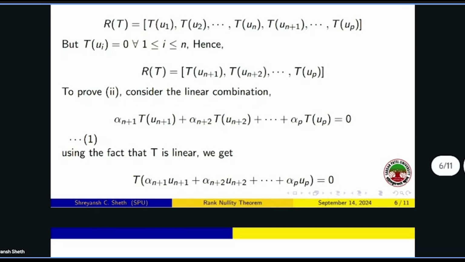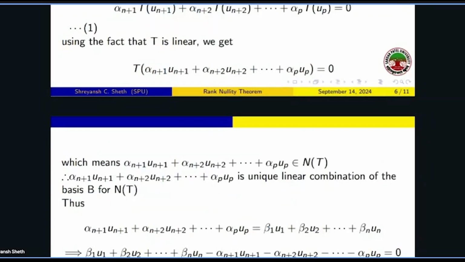Which means, we know that u_{n+1}, u_{n+2} up to up individually are vectors, right? And multiplying a scalar to that, it also remains an element of U only, and its linear combination is again an element of U only. So this entire linear combination is an element of U, the domain space. Now if I apply T and I get 0 as the resultant vector, then the entire linear combination will lie in the null space.